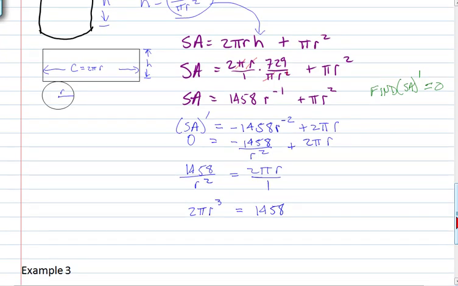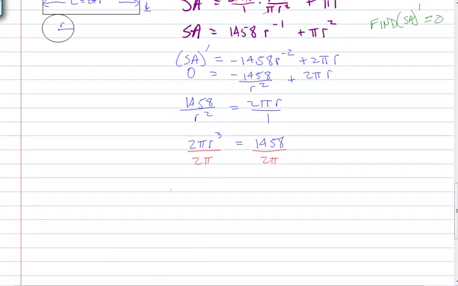I want to get the r by itself. That's my goal. I want to find the value of r that does what I want it to do. So now I divide both sides by 2 pi. Right? 2 pi don't bother me. Okay, so that gives me r cubed equals, what's 1458 divided by 2? 729 over pi.